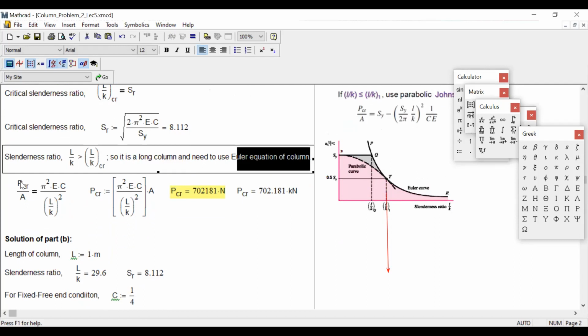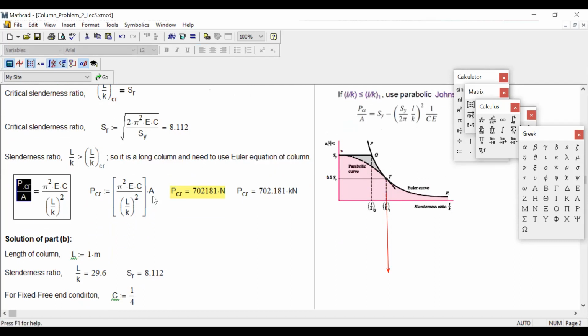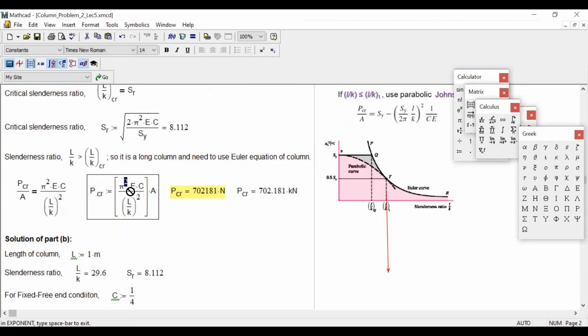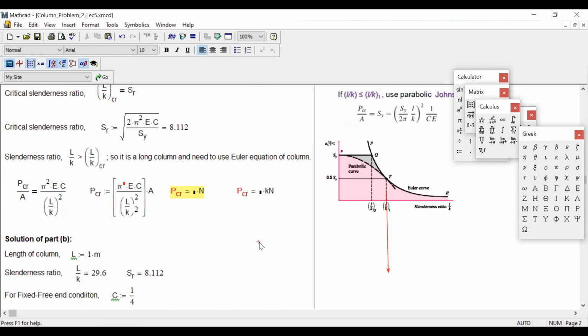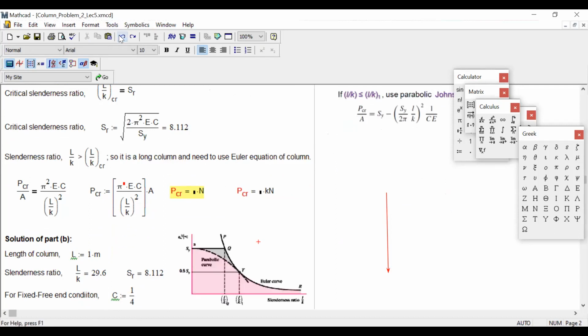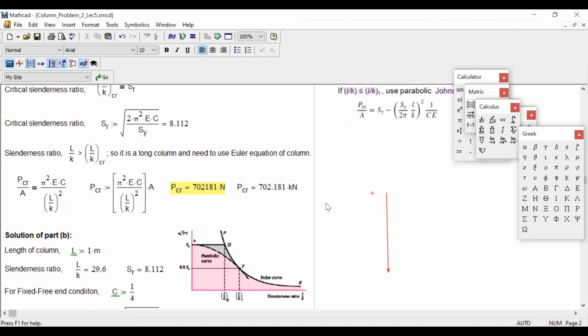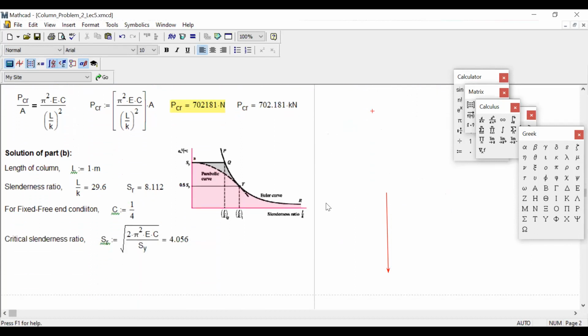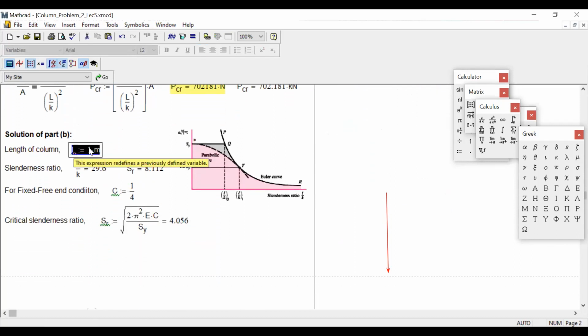Then this is the stress multiplied by area, you get the critical load. And critical load is pi square. So this mass is the critical load. Okay. Now part B is saying column length 1 meter.